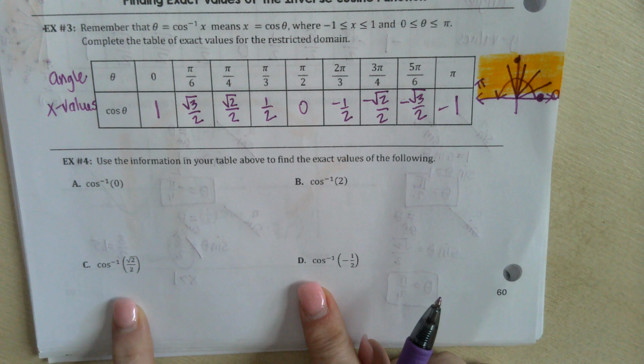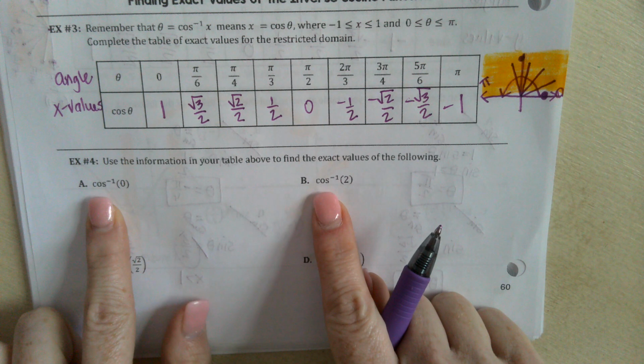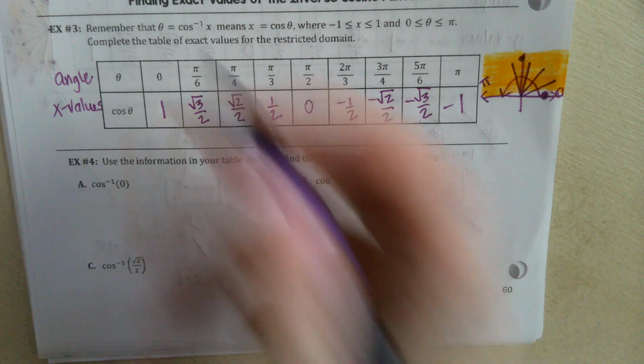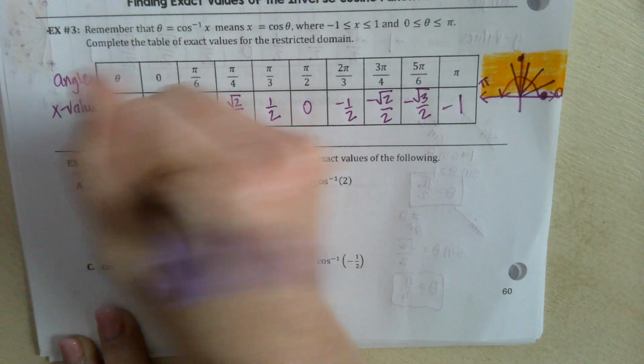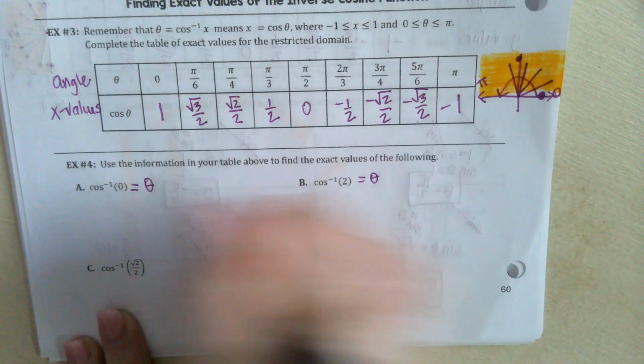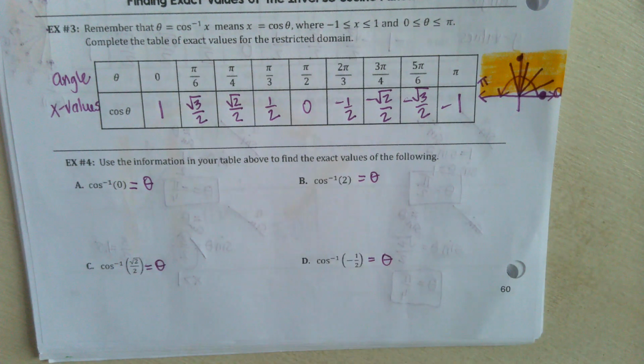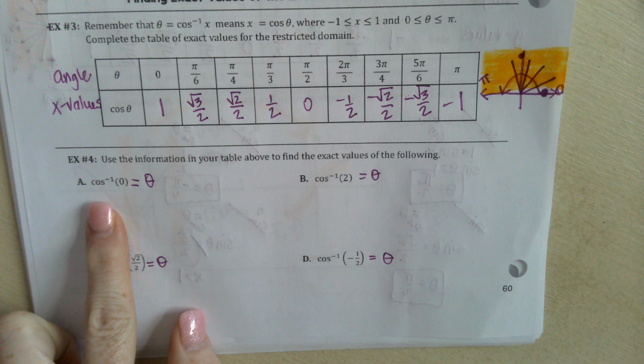All 4 of these down here ask me to find an angle measure for that x value. I am going to set each one of these equal to theta because I want to solve for the angle that makes that a true statement. How am I going to get rid of a cosine inverse?